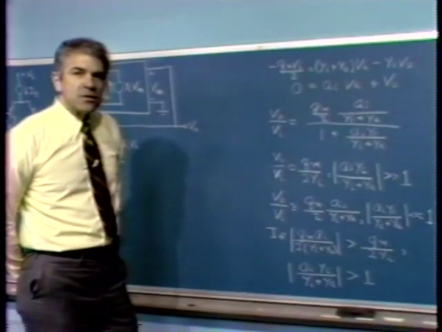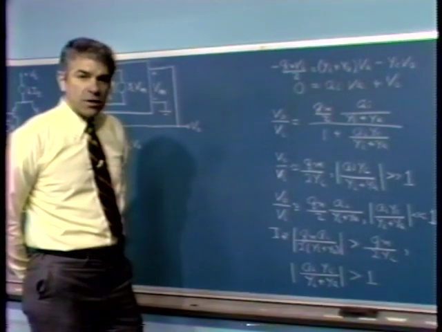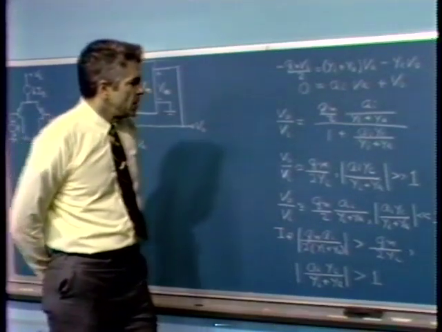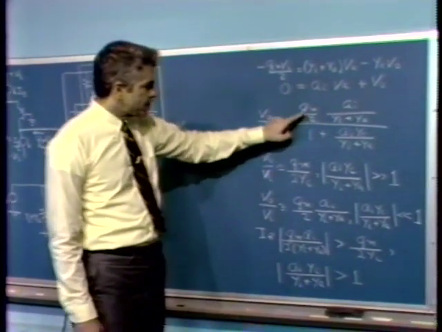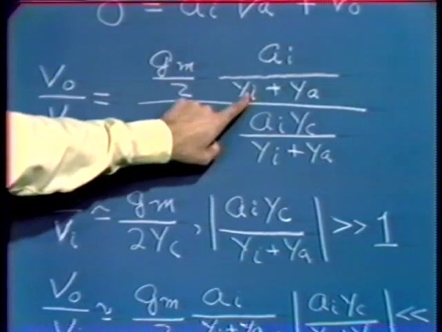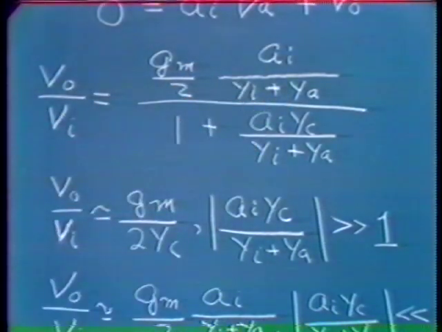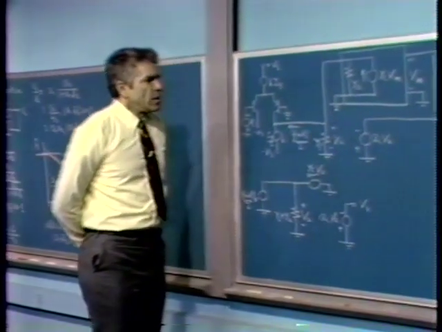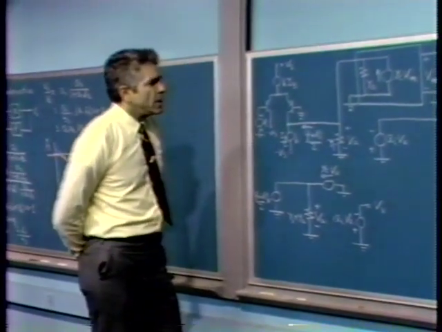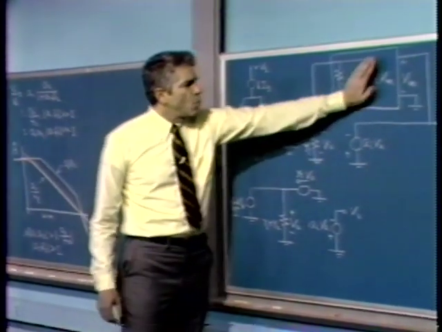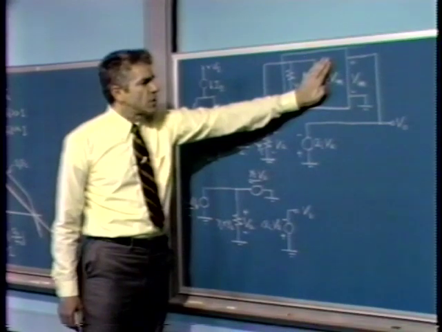There's a very nice physical significance associated with the terms in that final equation. In particular, let's consider the numerator. Here we have GM over 2 times AI over YI plus YA. What's that? Well, consider what would happen if we disabled the feedback network, if we made YC equal to 0.